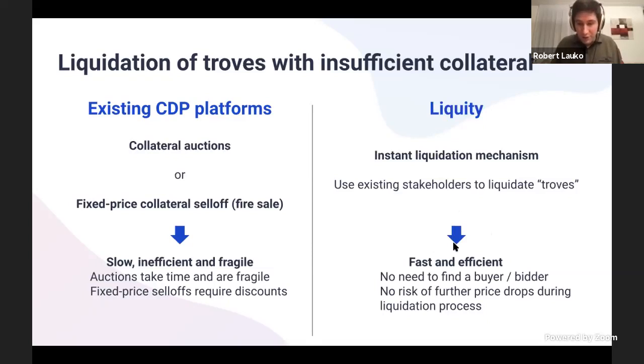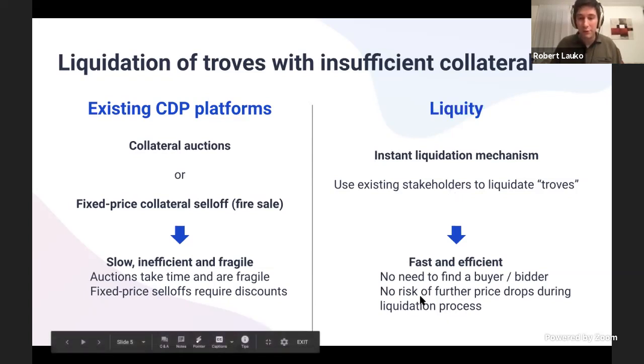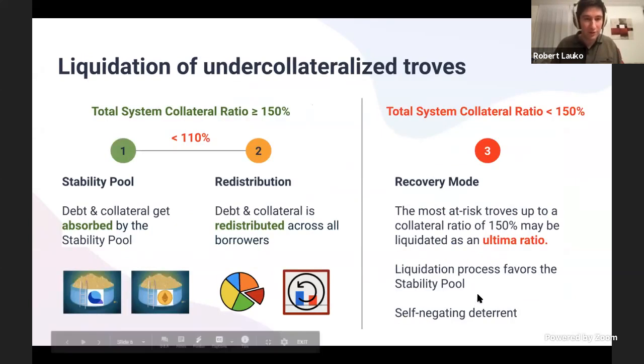What we want to achieve with that is a fast and efficient liquidation, so that there is no need to find a buyer or bidder, because they are already available somewhere in our system. And there should be no risk of further price drops, which could happen during a lengthy liquidation process. Now, how do we achieve this? This is a little bit involved, but I will walk you through the main steps of this mechanism.